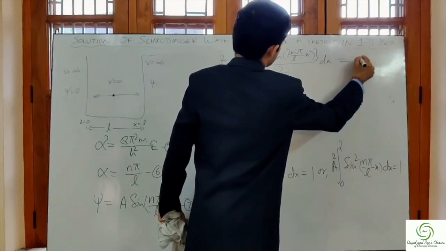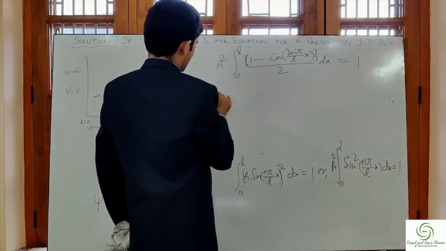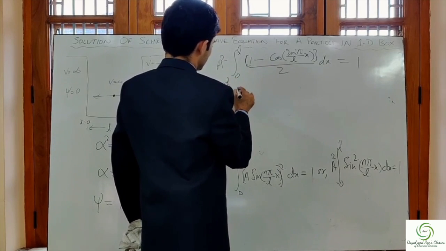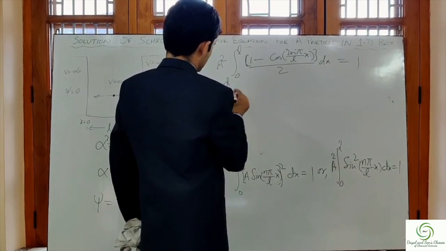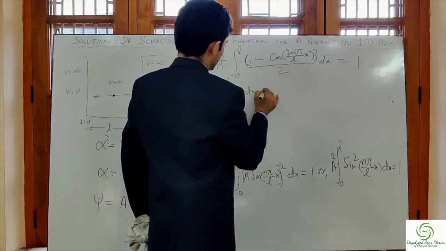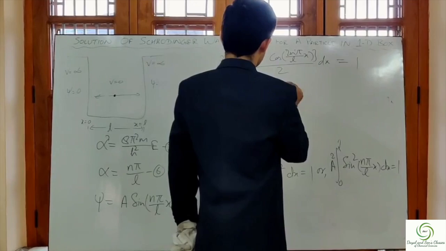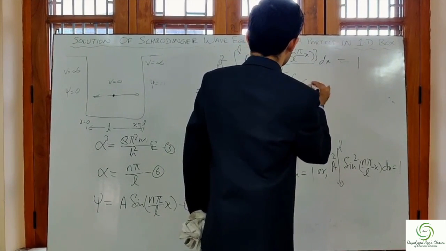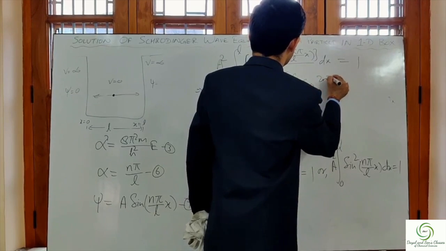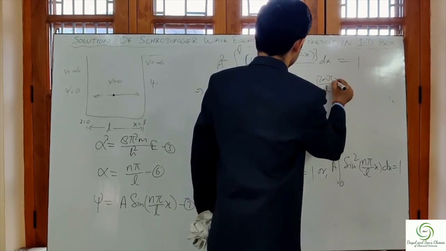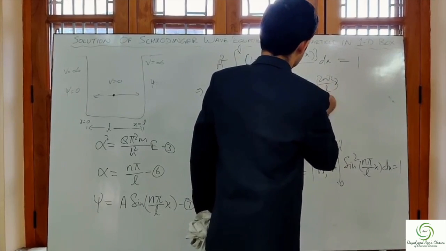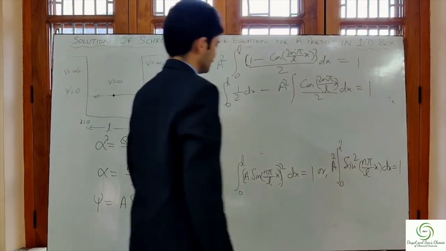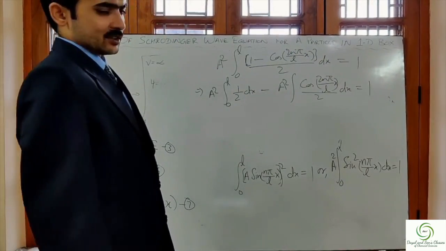This is equal to 1, which implies a squared, I can write it, integral 0 to L of 1 by 2 dx, minus a squared integral of cos 2 n pi upon L x whole by 2 dx, is equal to 1. I hope this is clear.